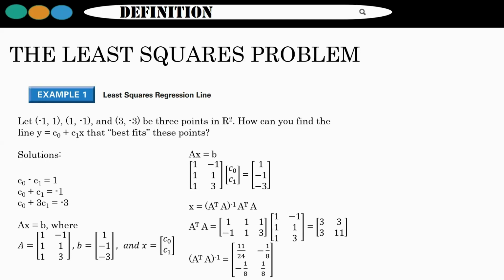For A, we just copy the value of A, the 3 by 2 matrix 1, 1, 1, negative 1, 1, 1. We are going to multiply these, and it will be equal to a 2 by 2 matrix with values 3, 3, 3, 11.